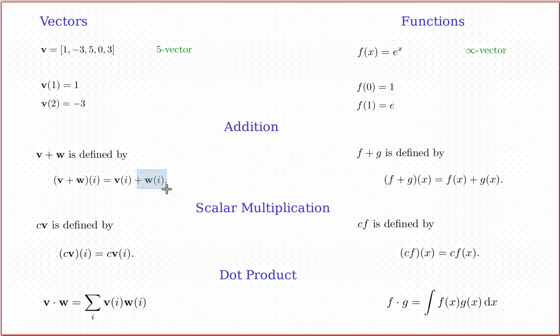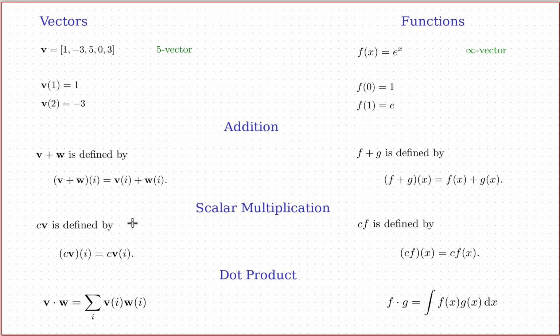You do that for all the components, in this case as i goes from 1 to 5. You can define f plus g, where f and g are functions, in the same way. We can simply define f plus g to be the function that when you plug in x, the output is the output from f plus the output from g. That allows you to define the sum of 2 functions.